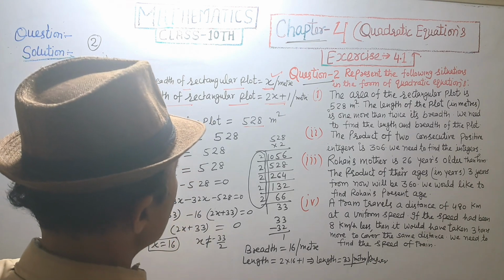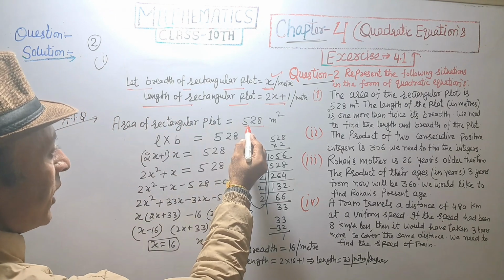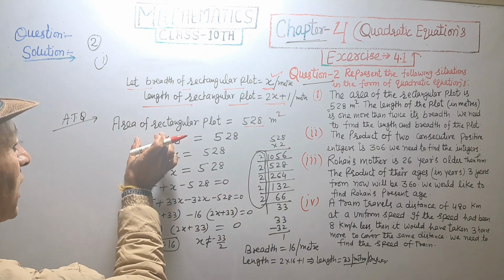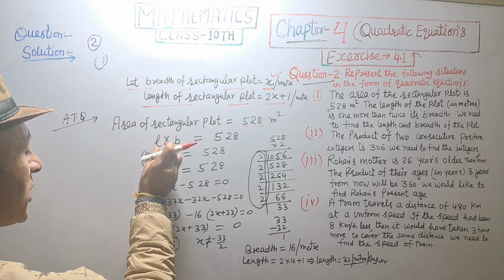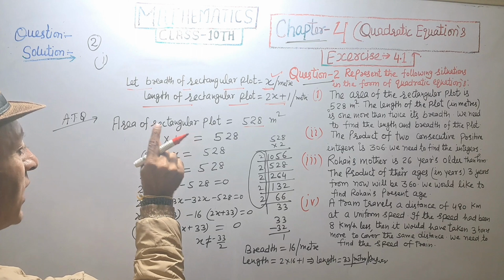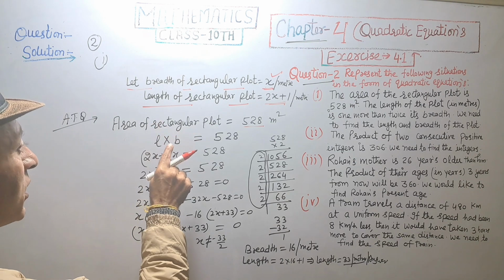Area of the rectangular plot is given, that is 528 square meters. Area of a rectangle is length into breadth.